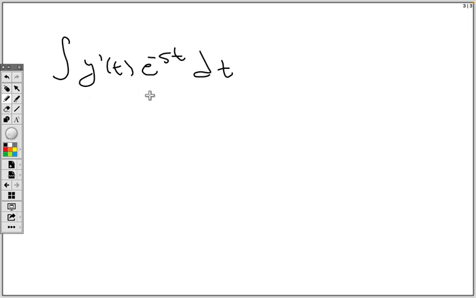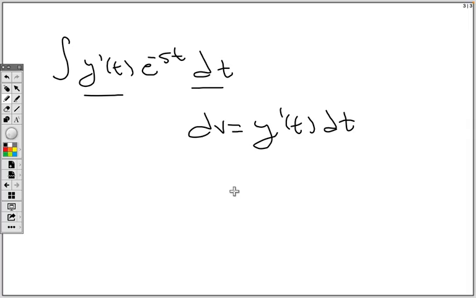And if I want to get from y prime to y, then I need to integrate to do that. So I would select the dv here to be y prime of t dt, so that my v would be y of t, which means our u for the integration by parts would be e to the minus st.